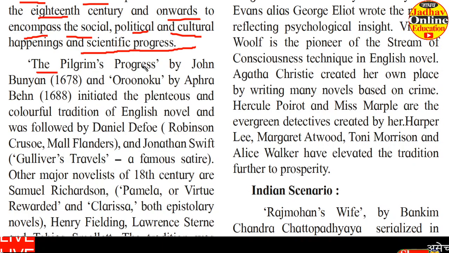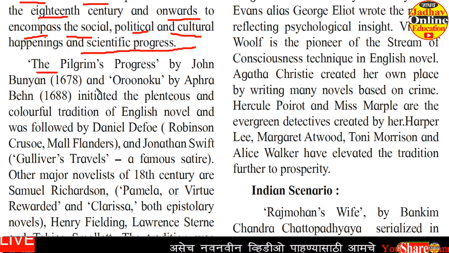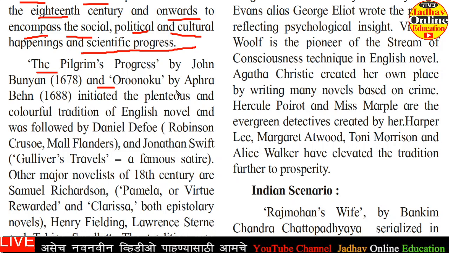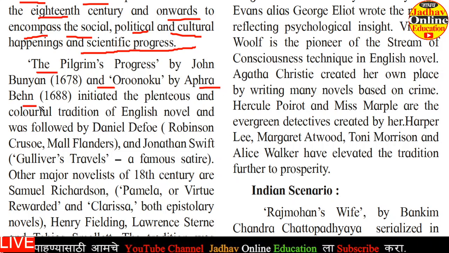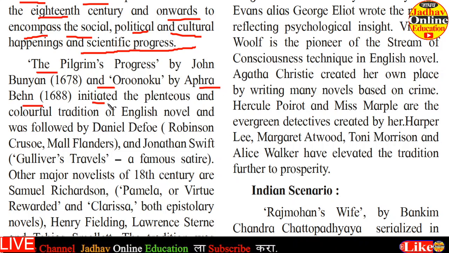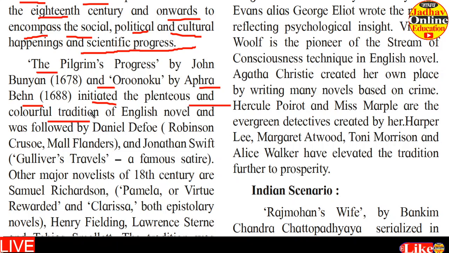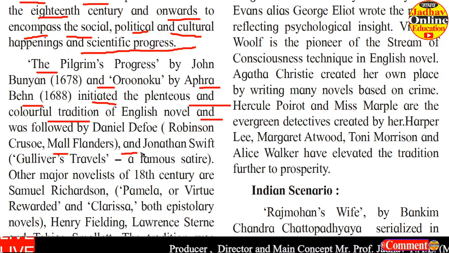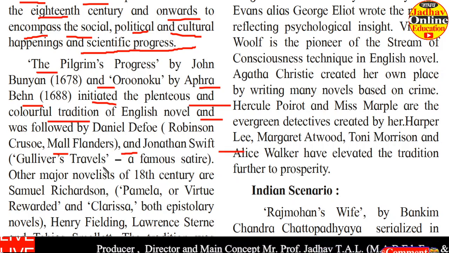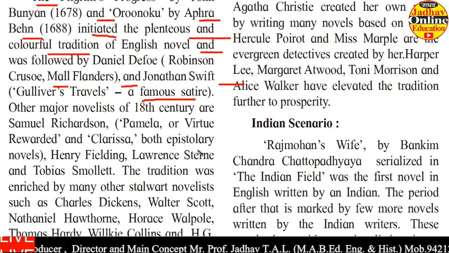The Pilgrim's Progress by John Bunyan, 1678, and Oroonoko by Aphra Behn, 1688, initiated the plenteous and colorful tradition of the English novel and were followed by Daniel Defoe's Robinson Crusoe, Moll Flanders, and Jonathan Swift's Gulliver's Travels, a famous satire.